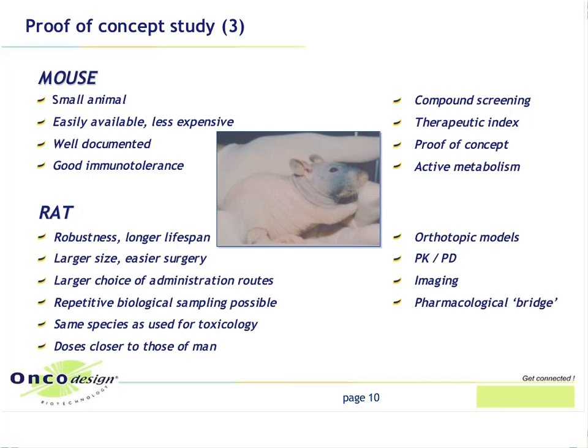The dose from our experience is closer to man compared to mouse, because the ratio between mouse and rat is about 5 to 10. It's quite possible for surgery reasons to have orthotopic models, to establish pharmacokinetic pharmacodynamic relationships, to perform imaging, and it's for us the real and well-known pharmacological bridge.